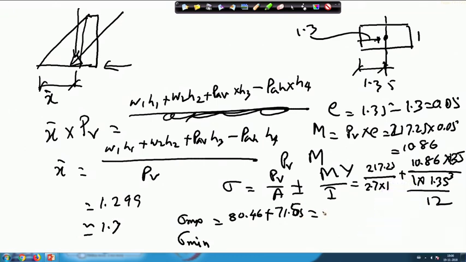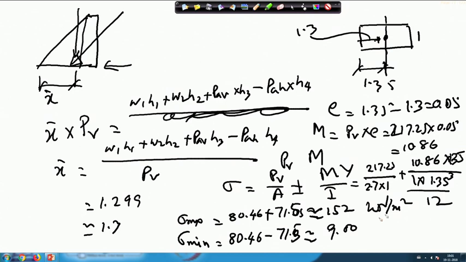That gives you approximately 152 for sigma max, and sigma minimum will be 80.46 minus 71.5, which gives approximately 8.96, that means around 9 kilonewton per meter square. So, this side your pressure is 152 and this side is only 9.